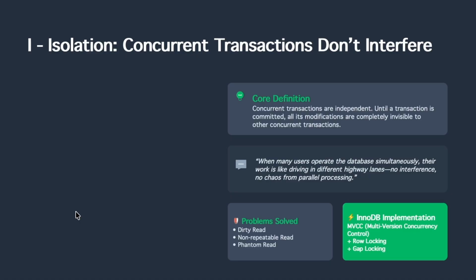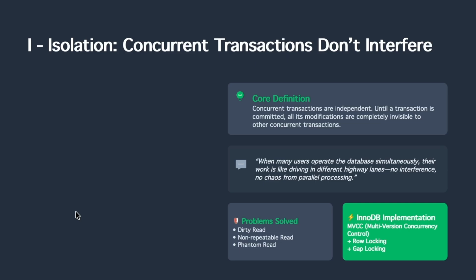Third property, isolation, which solves concurrent transaction conflicts. Plain understanding, when multiple transactions run at the same time, they are mutually independent and isolated. Uncommitted data from one transaction will not interfere with others.